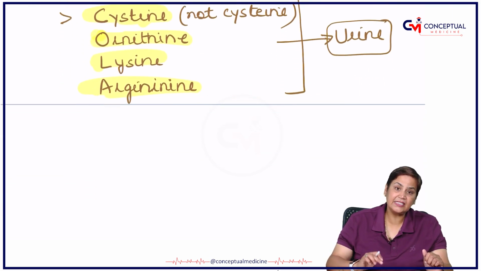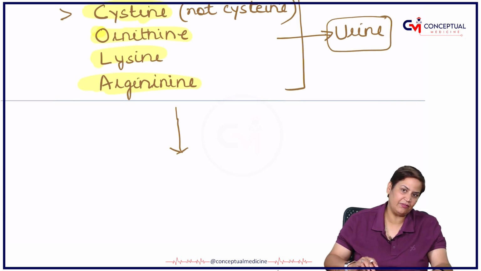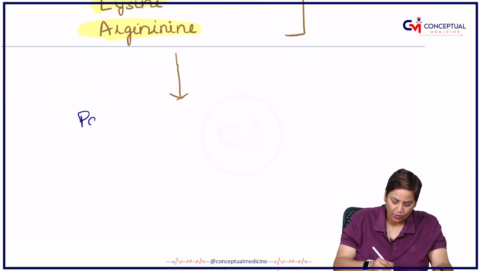And this cystinuria is a part of Garrod's tetrad. Very, very important again. Part of Garrod's tetrad.